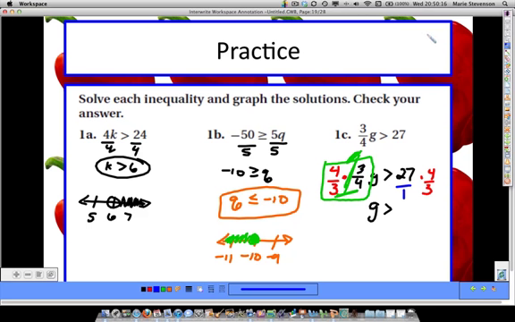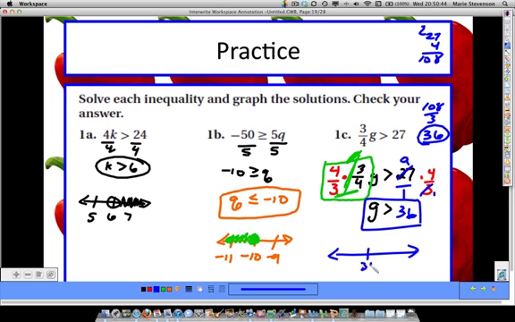For those of you that did that, you do 27 times 4, you get 108, okay? You'd get 108 over 3, you would divide 3 in, and you would get 36. Or, for those of you that know how to cross cancel, you could make that a 1, and that's a 9, and you get 9 times 4 is 36. Either way, you get G greater than 36.